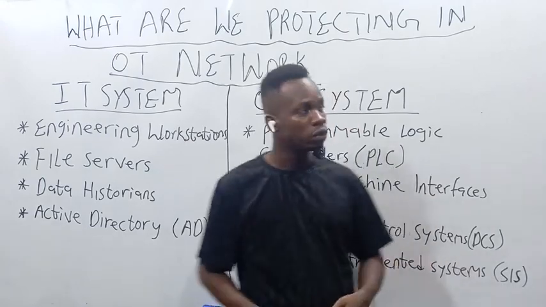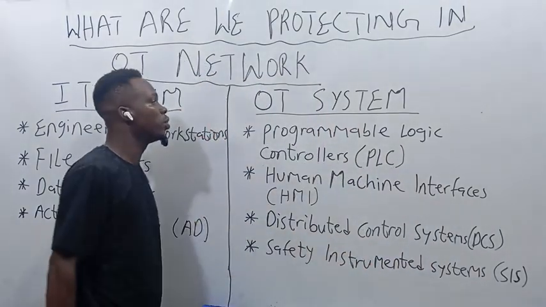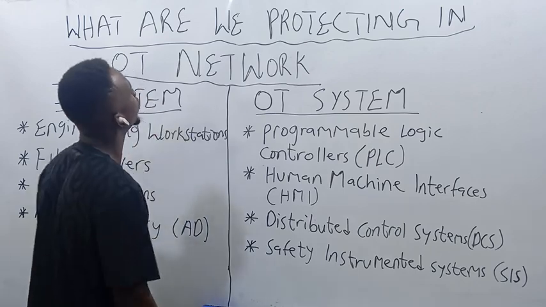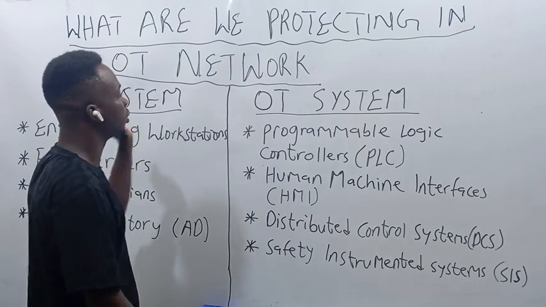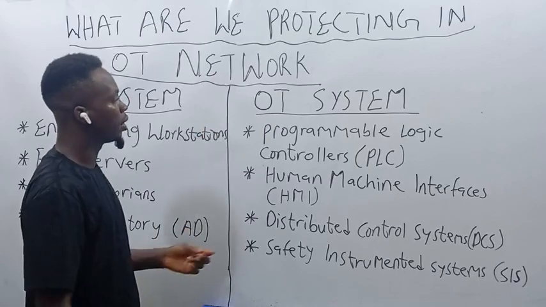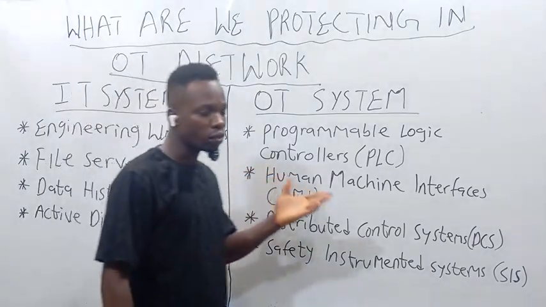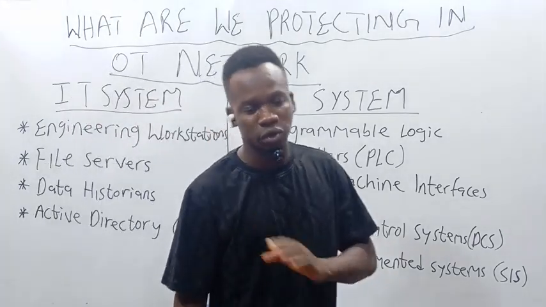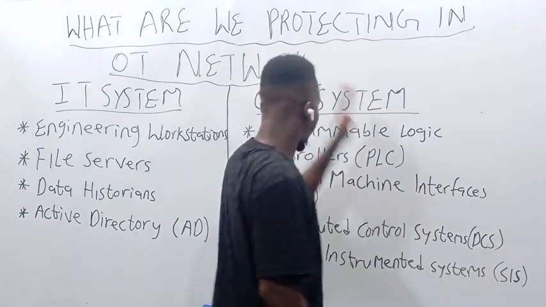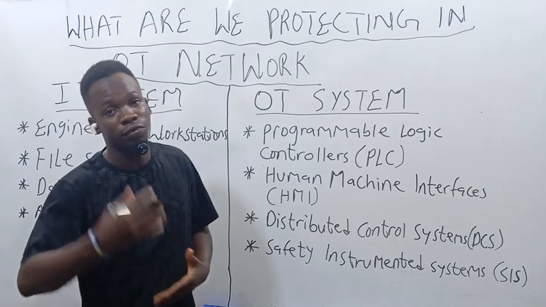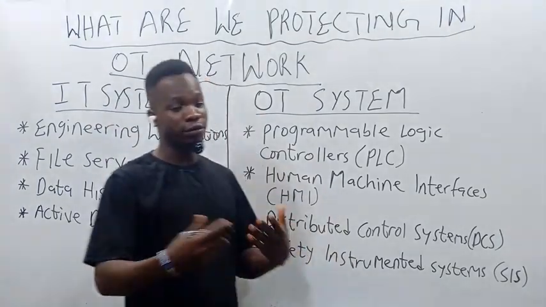Now let's go to the OT systems. What do we protect in operational technology systems? Before I start, these systems don't store data. I've explained this in my videos, and if you are following me, you will have listened to me.